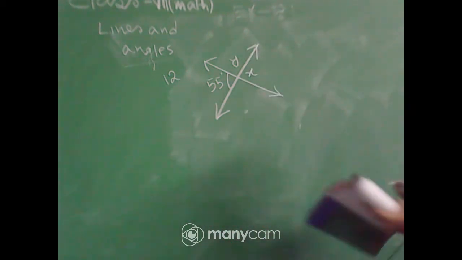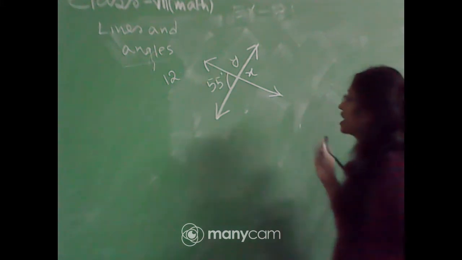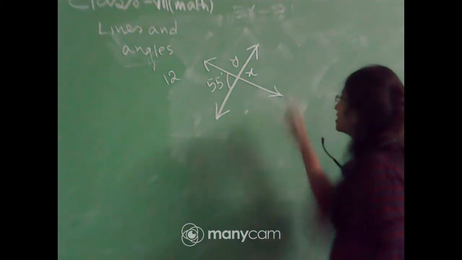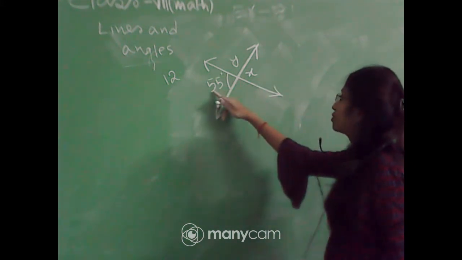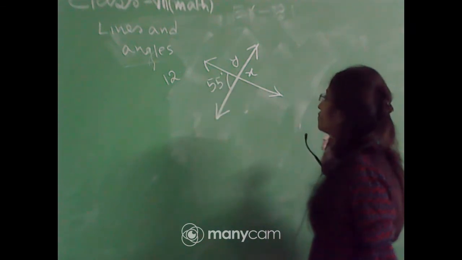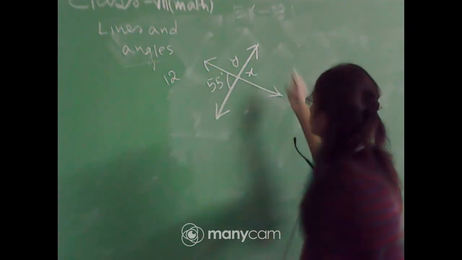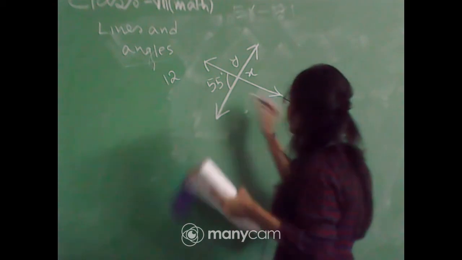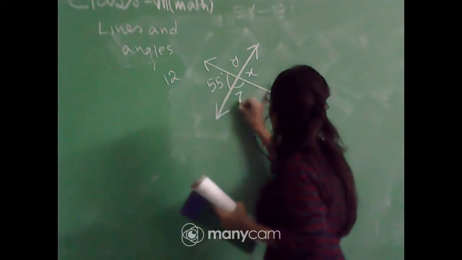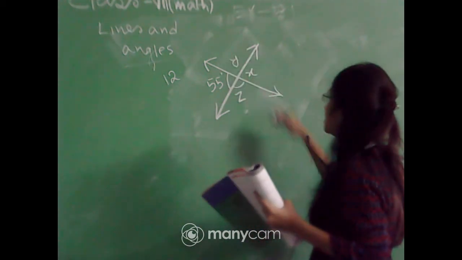We all know that vertically opposite angles are equal, and here x is the vertically opposite angle of 55 degree. Here we find the values of x, y and z.